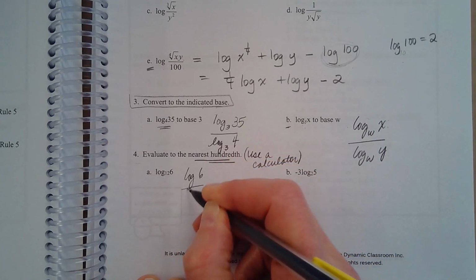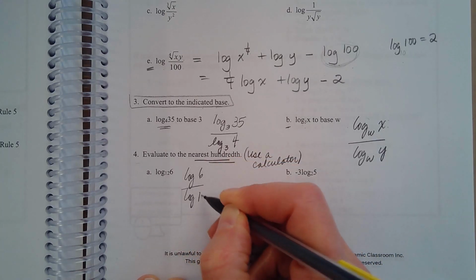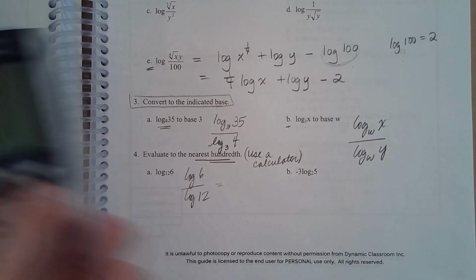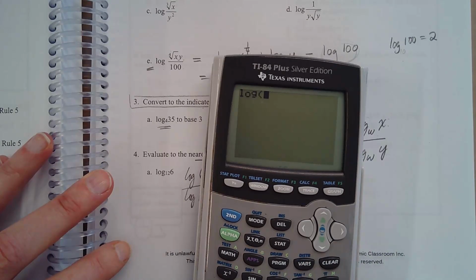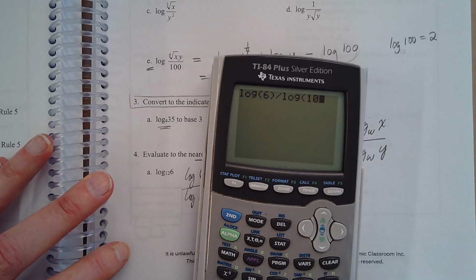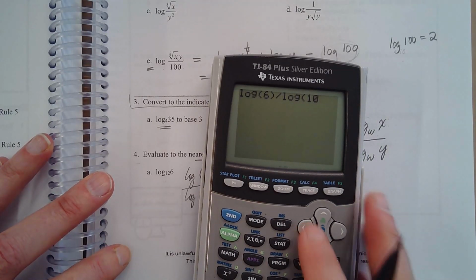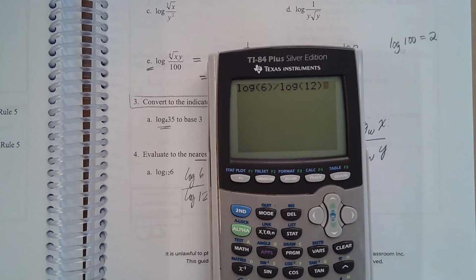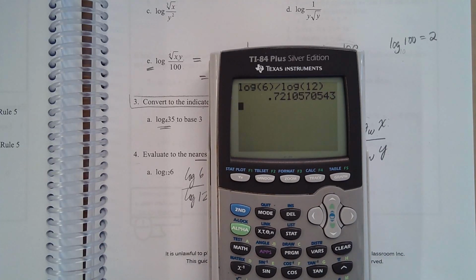Log 6 divided by log 12, and the base is 10, okay? So this is what I get on my calculator, right? Log 6, log 12. Base 10s, right? That's what we get.